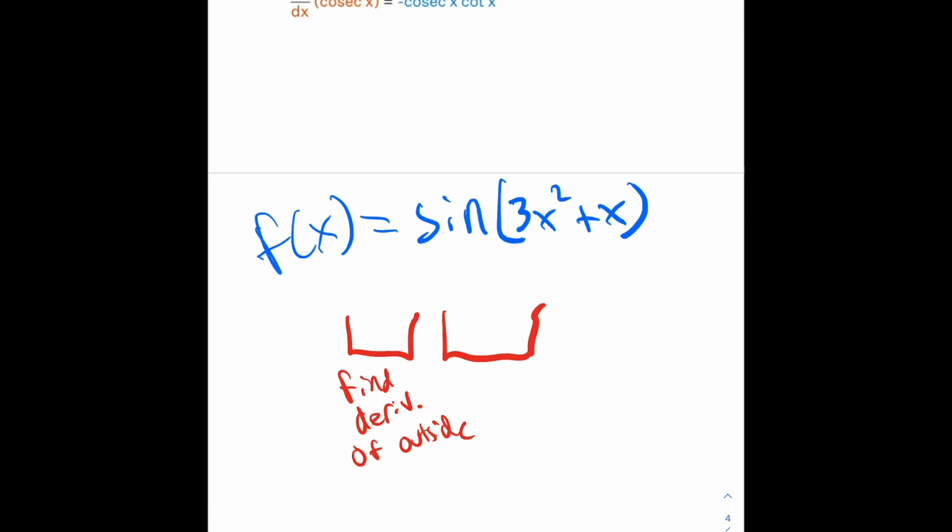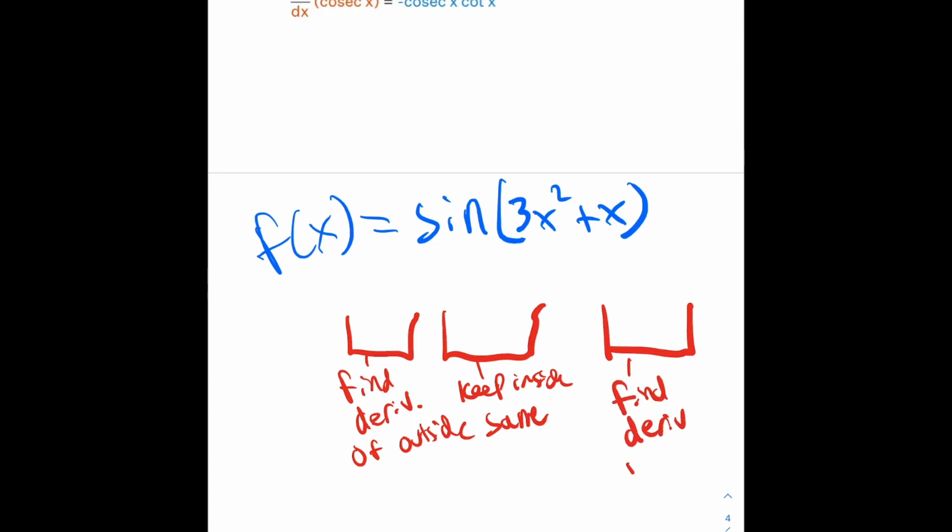Then I'm going to keep the inside the same. And then my third chunk is, after keeping the inside, I'm going to find the derivative of the inside.